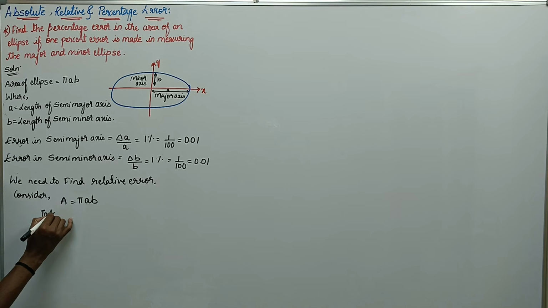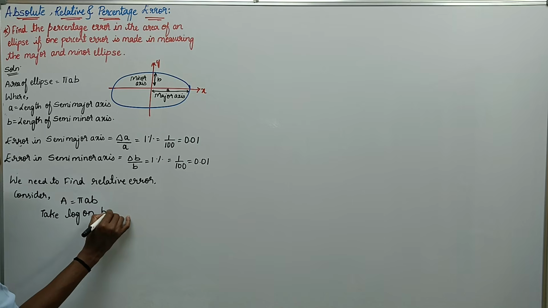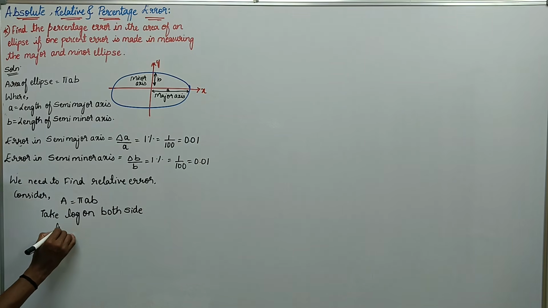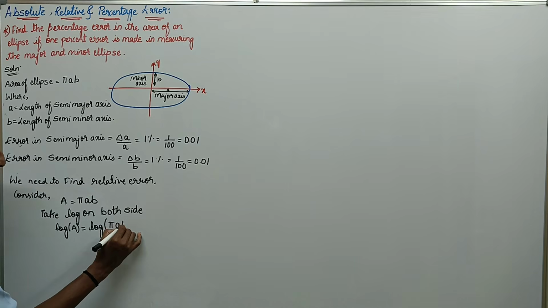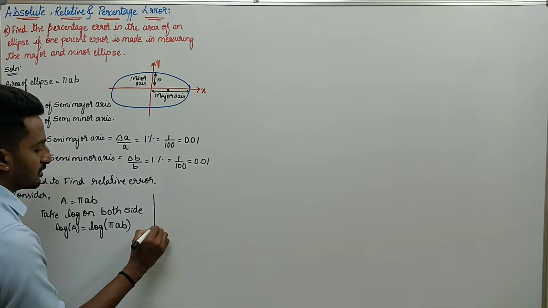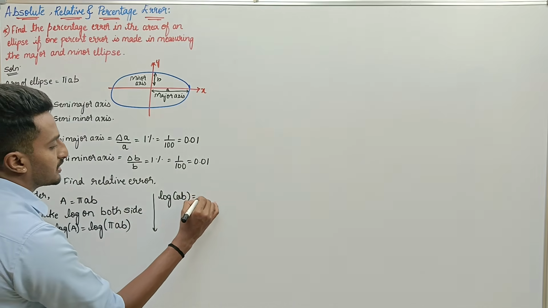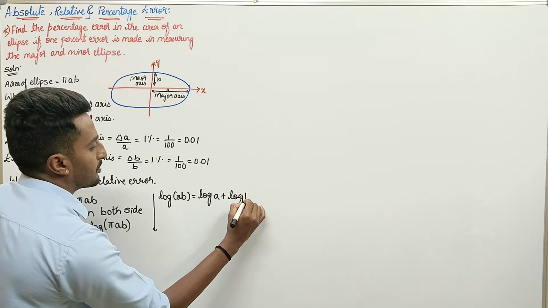Take log on both sides. After taking log on both sides, log A is equal to log of pi a b, where we know that log of a into b can be represented as log a plus log b.